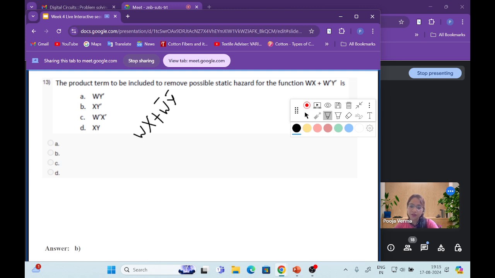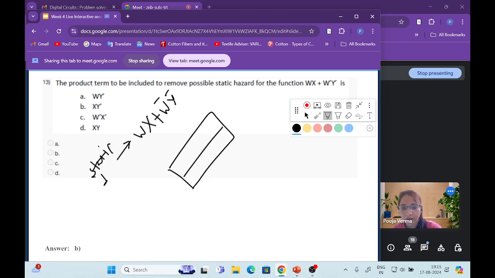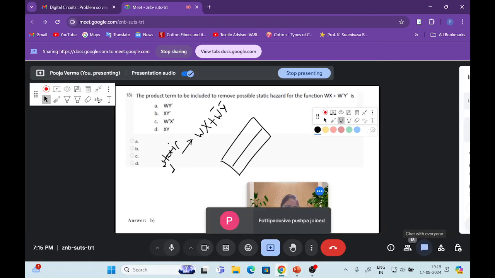SOP form is for what? For static 1 hazard. Already told in the lecture. So SOP is related to static 1 hazard. So let's make a K-map so that we can see it. Yes, does anyone want to say something?